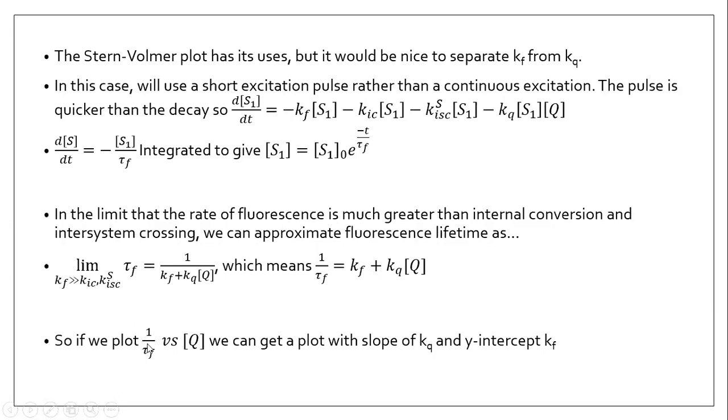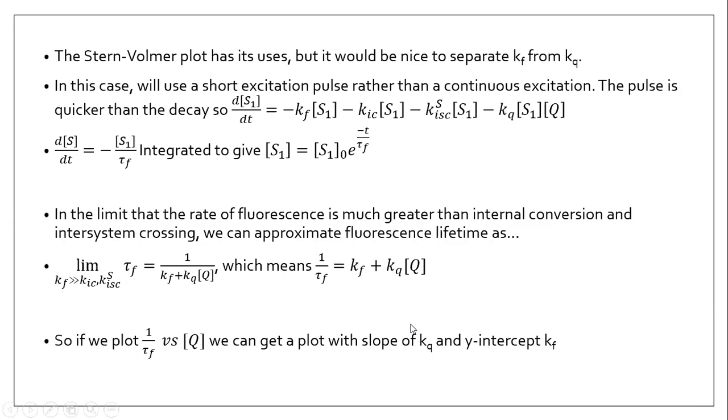If we then plot 1 over tau F versus Q, essentially the slope is KQ and the y-intercept is KF. So we can look at these independently. If we know how much quencher we put in there and look at the rate, essentially how long before total relaxation.